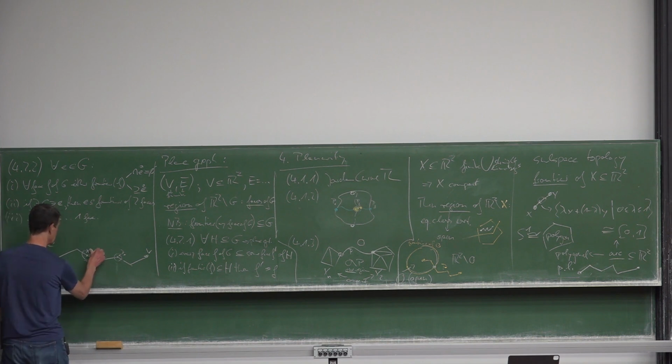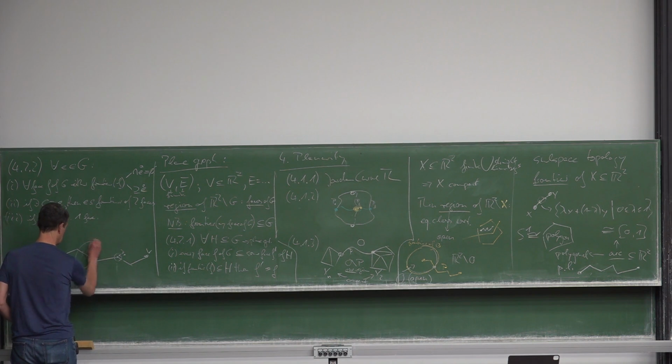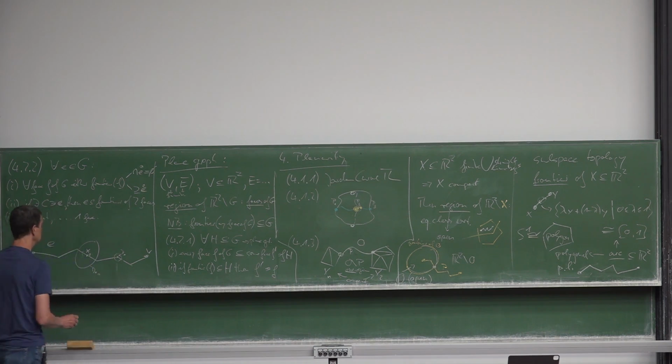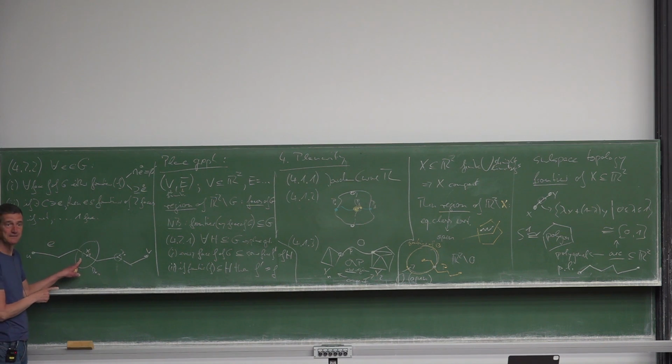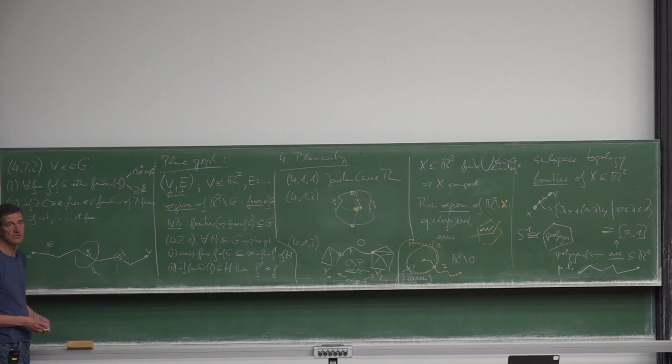Okay, so let me draw that a little bigger. Now, this, as you can clearly see, is a disk. It's a little egg shape, but don't worry. So this minus that straight line has two regions, this and that.